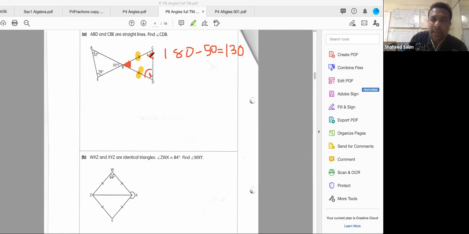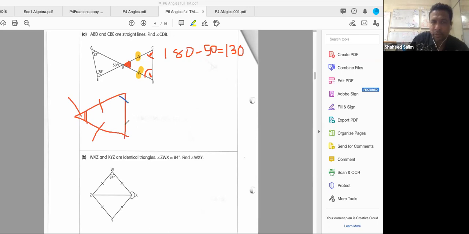These are equal angles because it's isosceles. Now how do we know the two angles are the same? Very simple. Say this side is the same as this side. The angle touching both sides is the different angle. This one here, I put a different color.